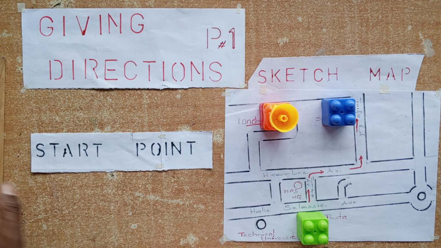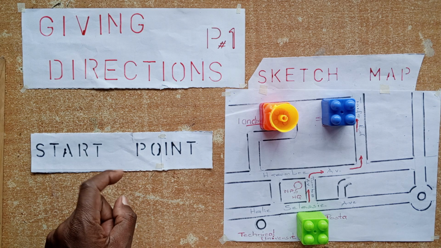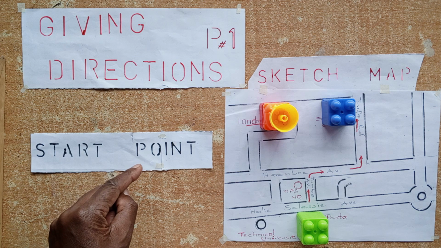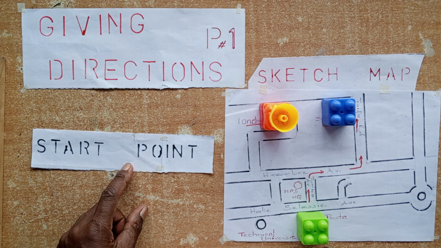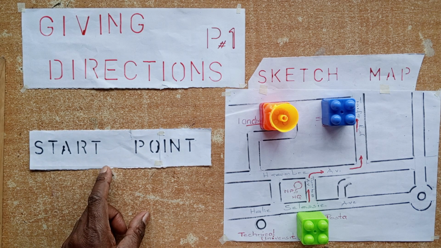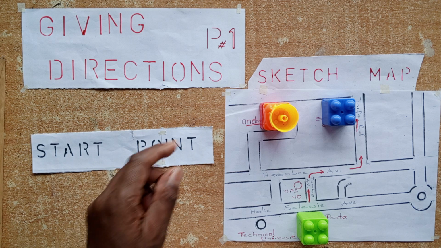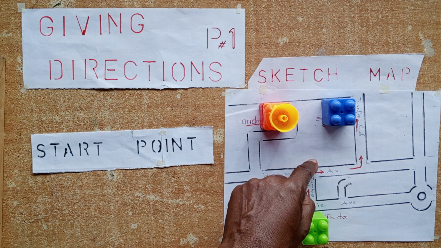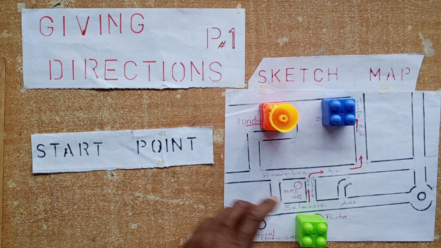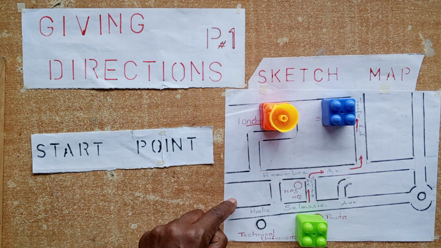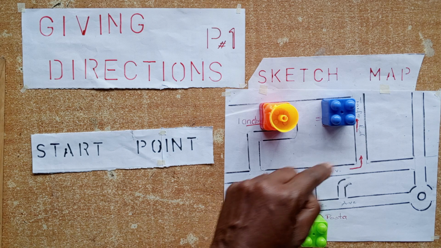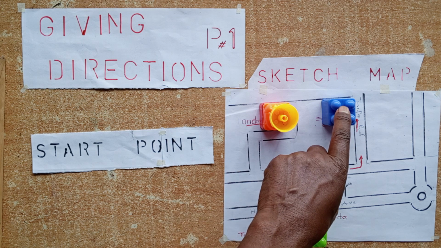So when giving direction, ask where a stranger or someone is located. That's what we call the start point. Use a visual aid. A visual aid could be a sketch map like this one to direct a person to their destination.